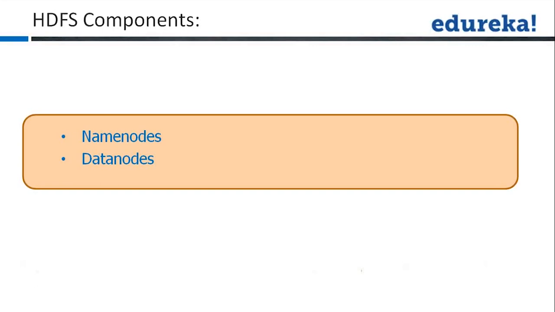Samir is asking what is a daemon. Can anyone answer that question quickly? Rahul wants to answer that question. Hi everyone, this is Rahul. Samir, to answer your question, a daemon is basically a process or a service that runs in the background.